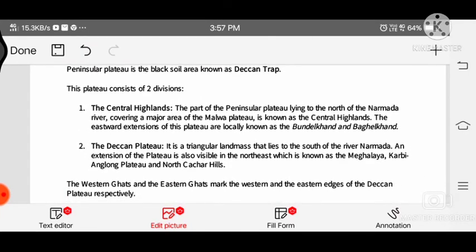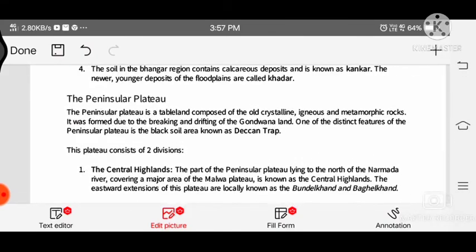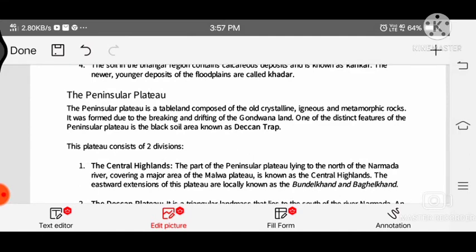Now we come to plateaus. The Peninsular plateau is a tableland composed of old crystalline, igneous and metamorphic rocks.